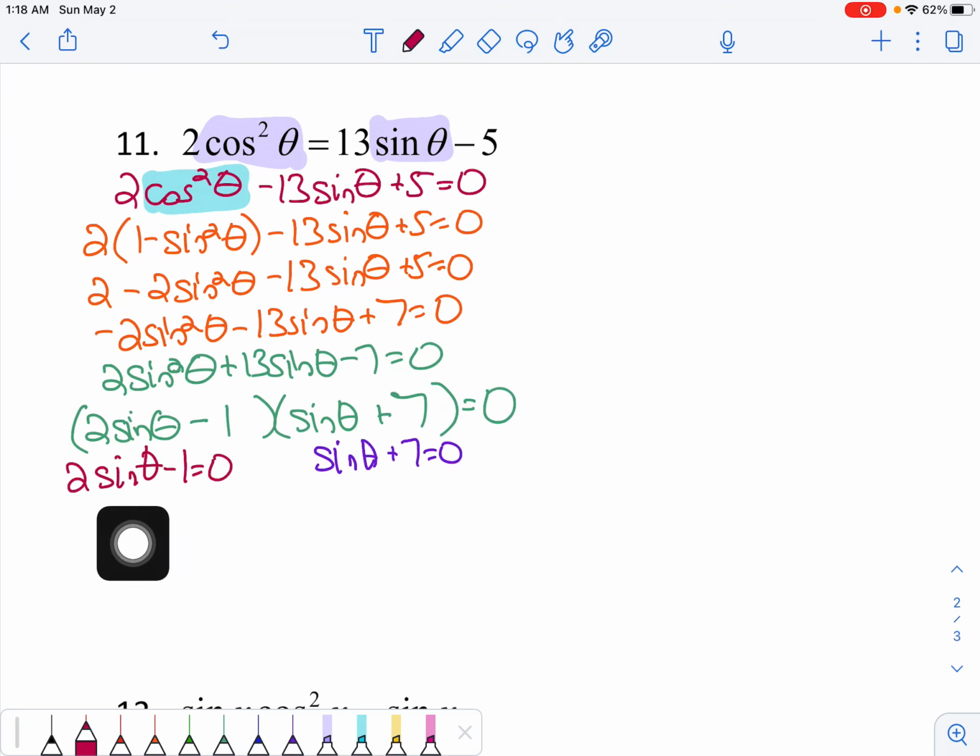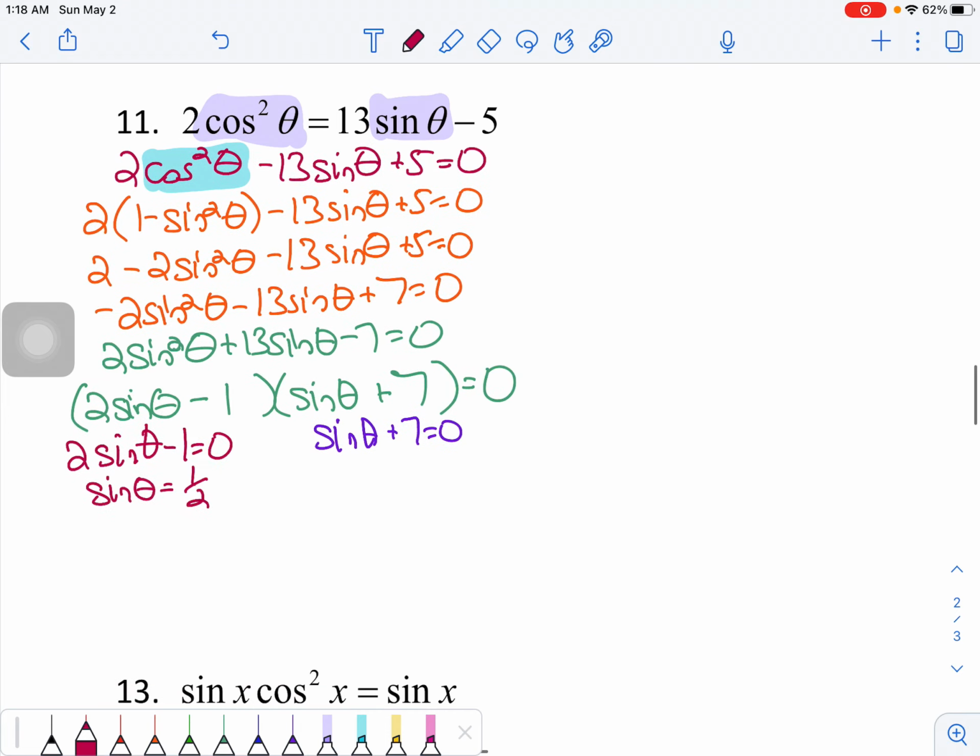So let's deal with the first one here, which is this kind of problem written in red. So let's see, we'd have the sine of theta is equal to 1/2. So I added 1 to both sides, divided by 2. If we think about the ASTC chart, where is sine positive?